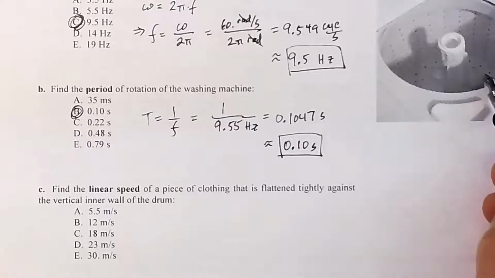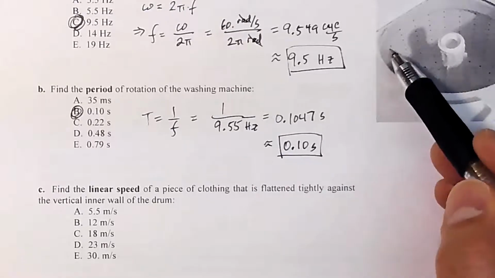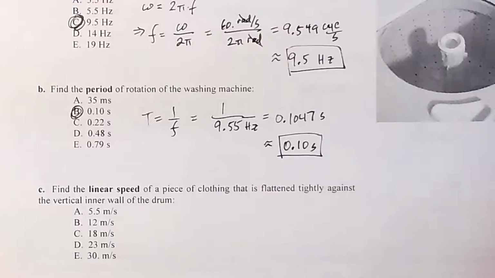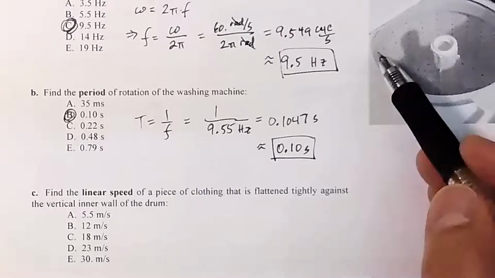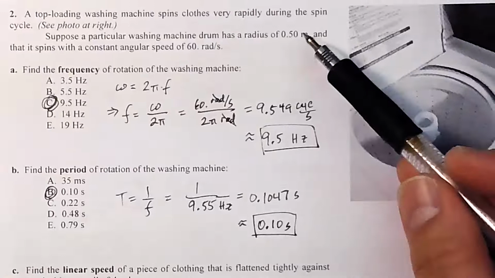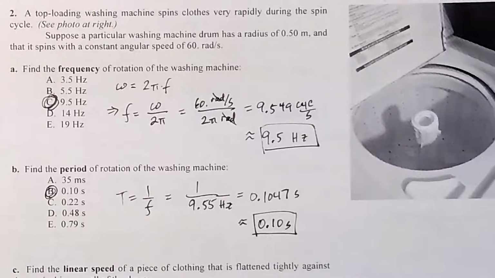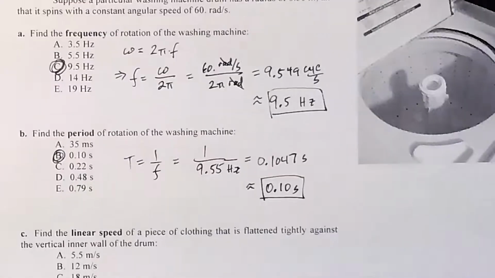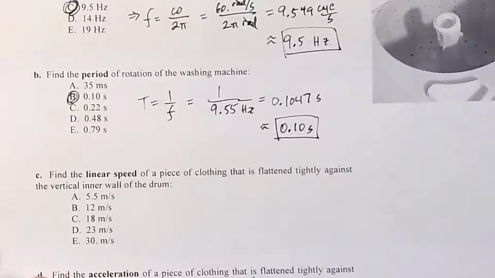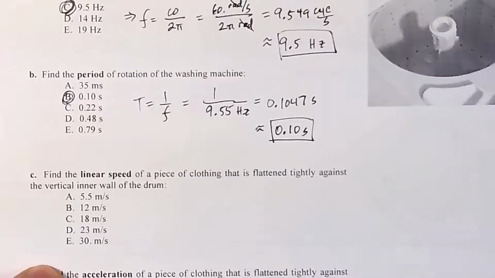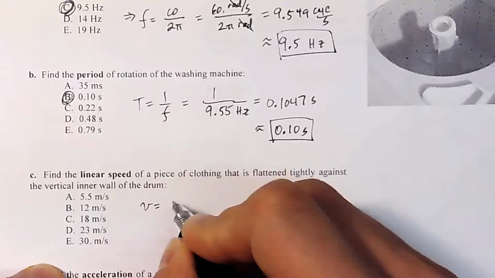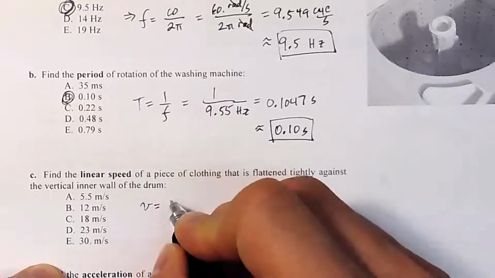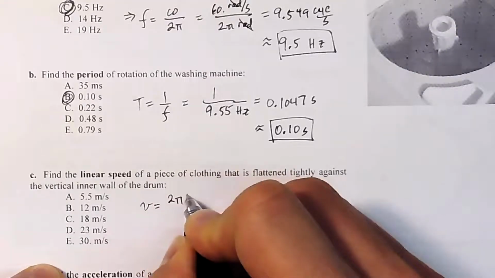Let's imagine a little piece of clothing that is flattened against the wall and that is tracing out uniform circular motion with a radius of 0.5 meters. So in other words, right on the inside edge of the wall. What's the linear speed of that piece of clothing? Well, we know that the linear speed of something in uniform circular motion is 2 pi r over t.